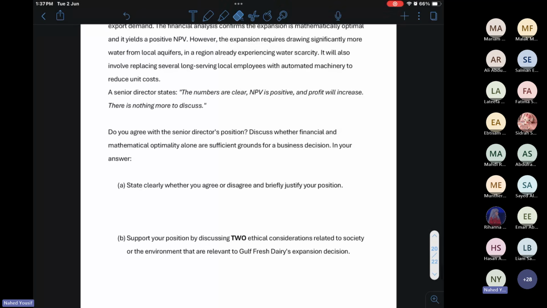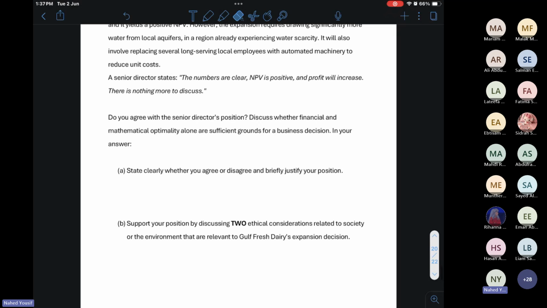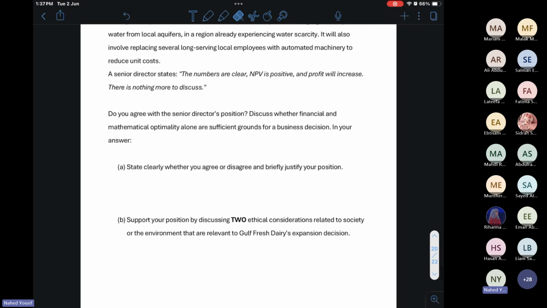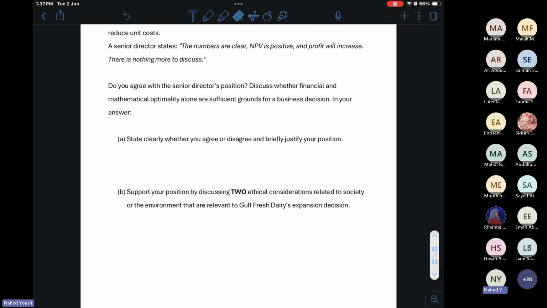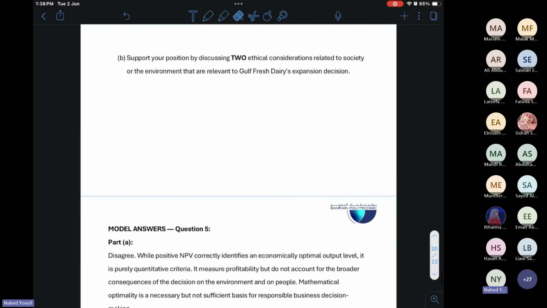In your answer, state clearly whether you agree or disagree, and what you think. Support your position by discussing two ethical considerations, society and environment, related to the Gulf Fresh dairy expansion. So you can explain whether you agree or disagree.